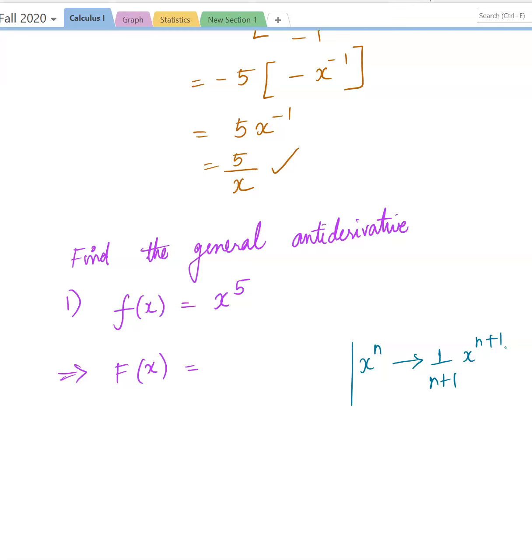Remember, we did the n minus 1 and we brought it down, but here we bring it down to the denominator because you take the flip of everything, so it's a reverse process. So 1 over 5 plus 1 x power 5 plus 1, which is 1 over 6 x power 6. Because they said general antiderivative, we do the plus c. It's given as part of the formula as well, so we remember that.